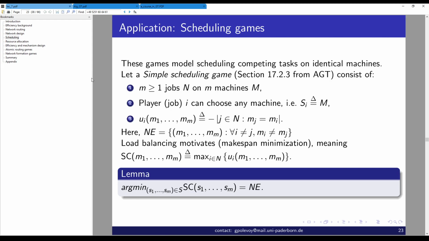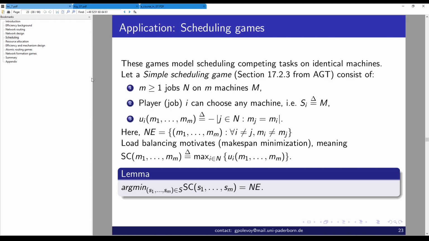So the definition. Let's consider the following game, which is called the simple scheduling game, which, like all these lectures, is pretty much taken from the book Algorithmic Game Theory, from chapter 17. The game consists of M jobs and M machines.